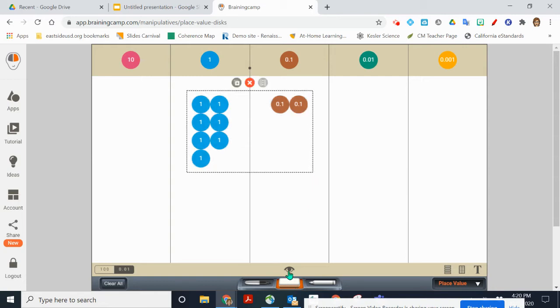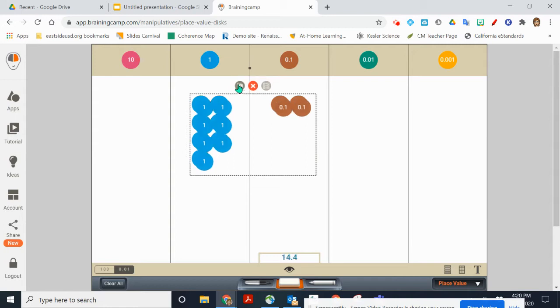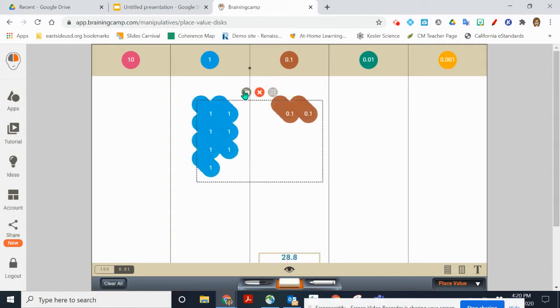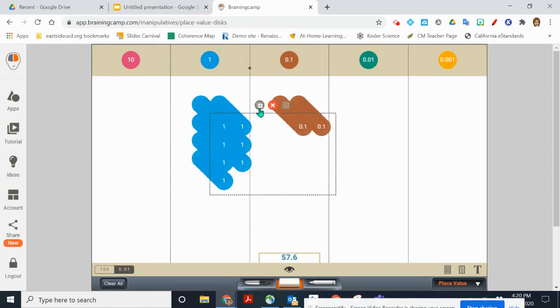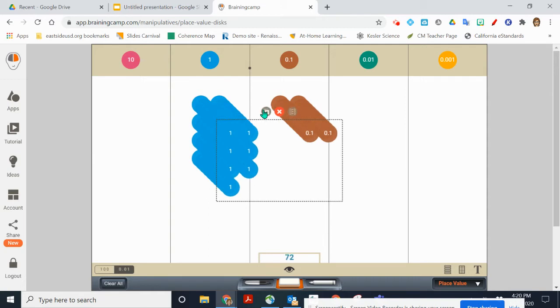Let's show in the middle where the I is, that'll show us the amount. And let's go ahead and make 10 groups. There's one group, 2, 3, 4, 5, 6, 7, 8, 9, and 10. 10 groups weighs 72 grams.